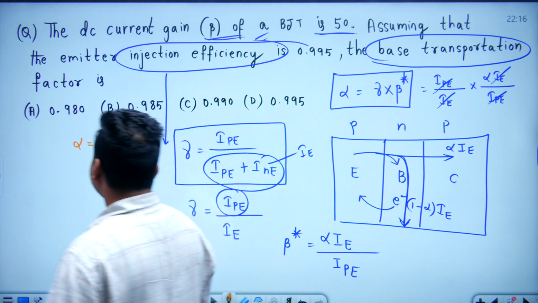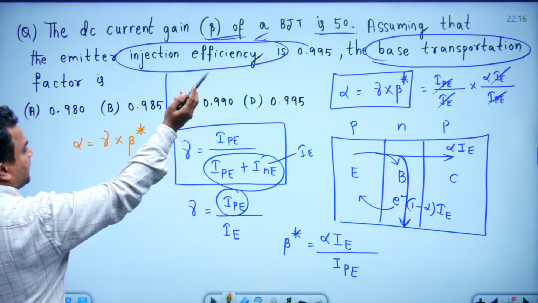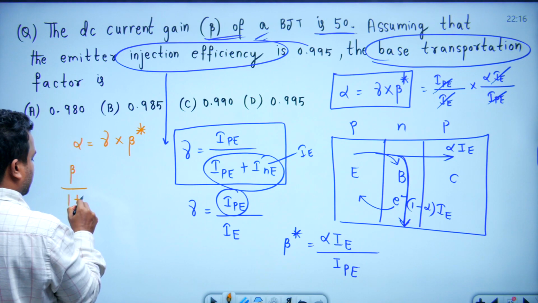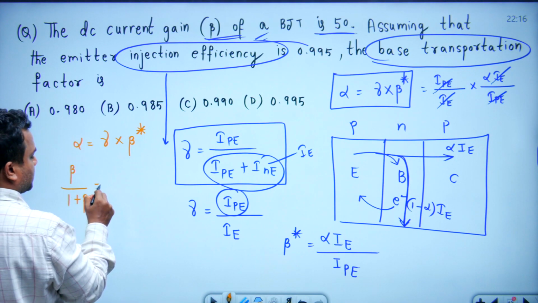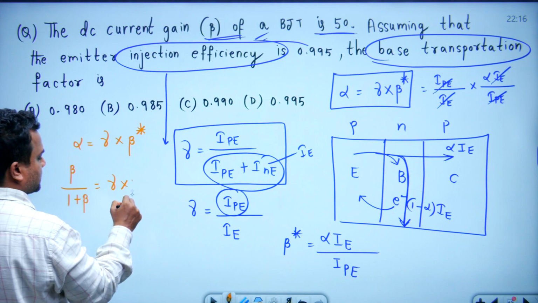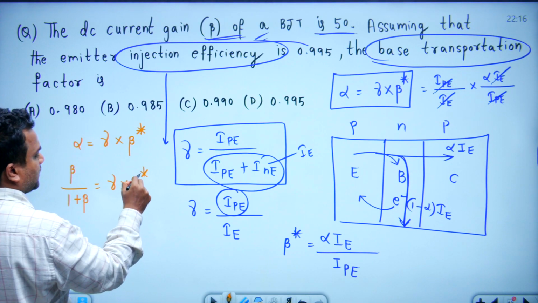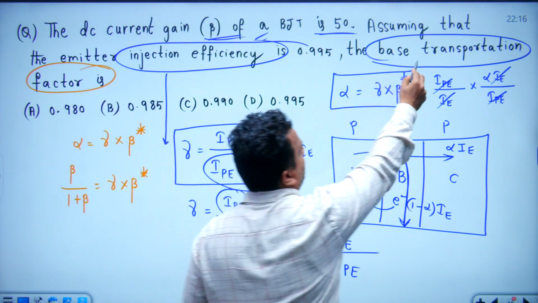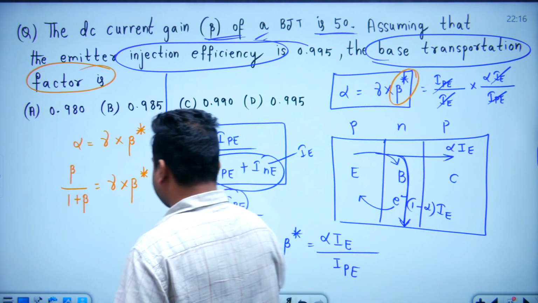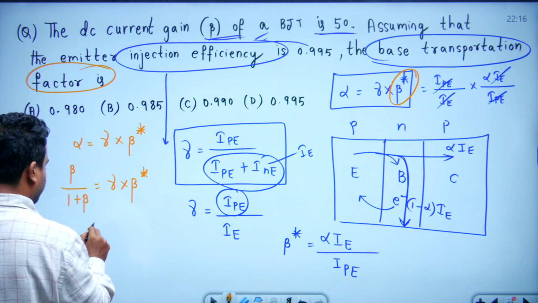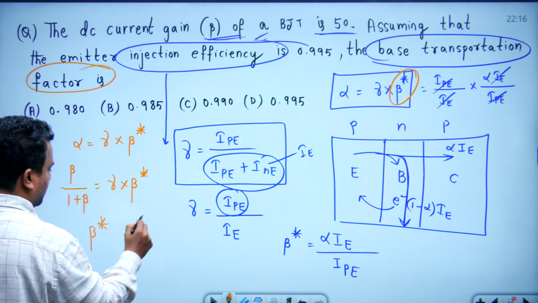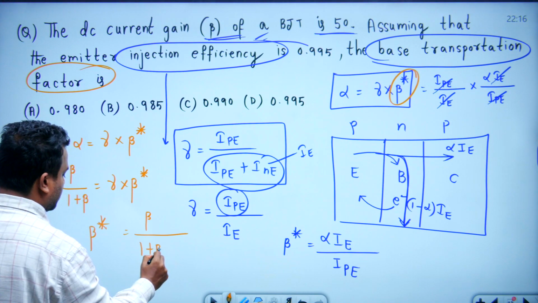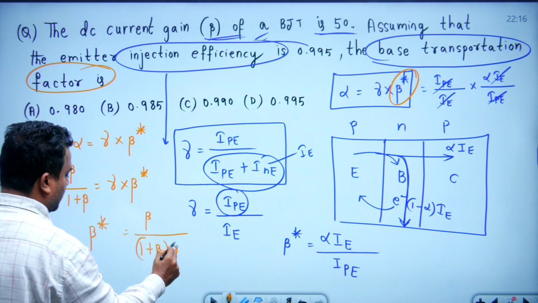So this alpha can be written in terms of beta as beta by 1 plus beta, and this is gamma into beta star. Now the base transportation factor beta star is equal to beta by 1 plus beta into gamma.